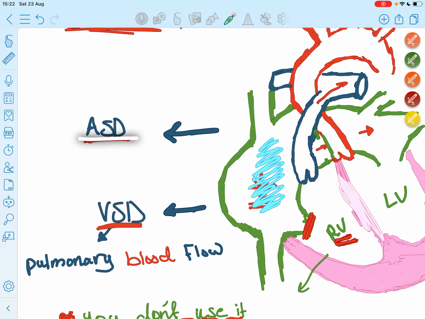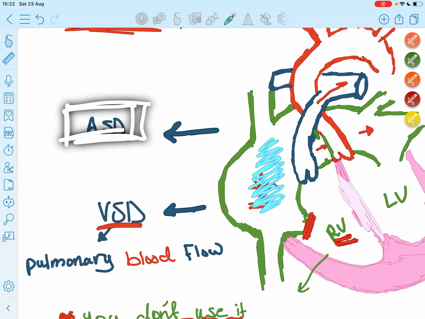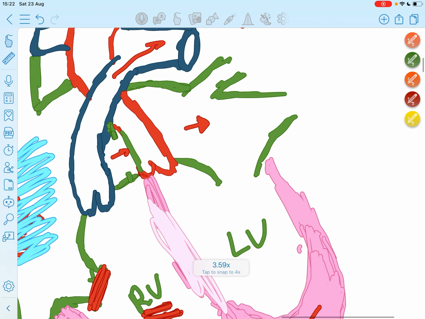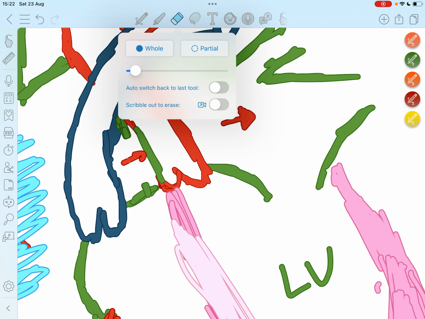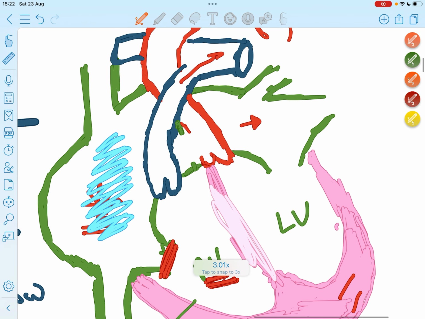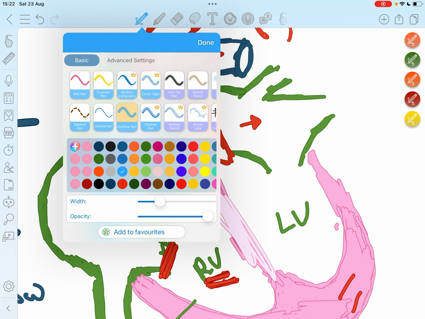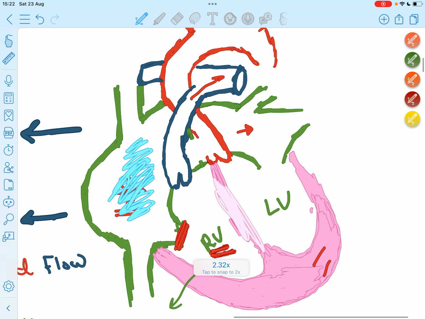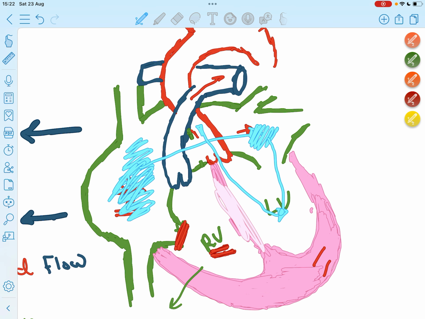When we have an atrial septal defect, here between the two atria, it will promote the blood to move from the right atrium to the left atrium. And from here it will go to the left ventricle, and from here it will pump to the body.